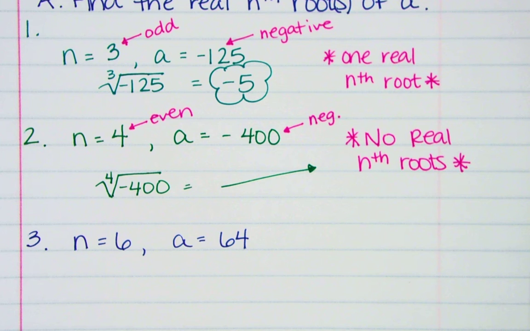Remember, first decide even or odd, positive, negative, or 0. So tell me how many you're looking for. Then you can try it in the calculator. I would do 6 math 5.